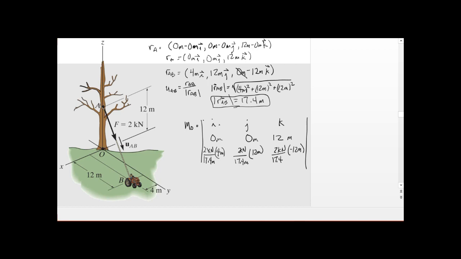So for MO, we would start with the I component. So we would cross out these two parts. MO is equal to, cross out these two parts. We know we're in the I axis.